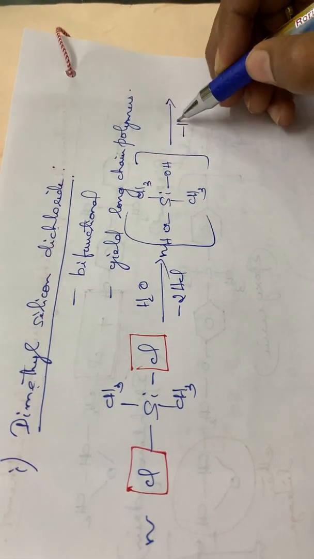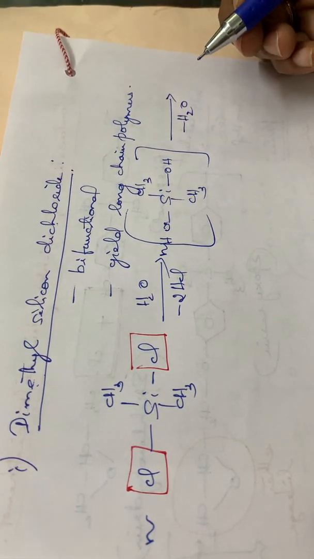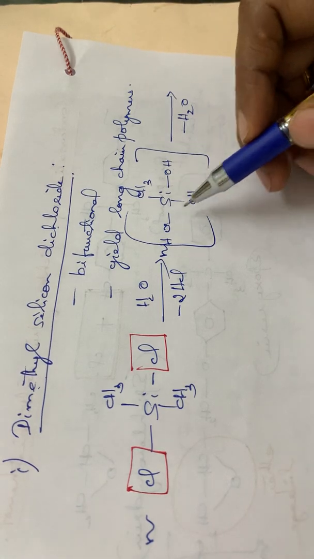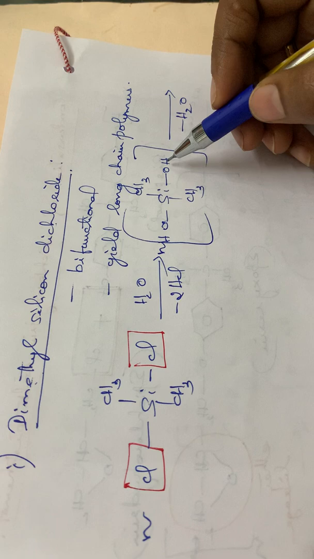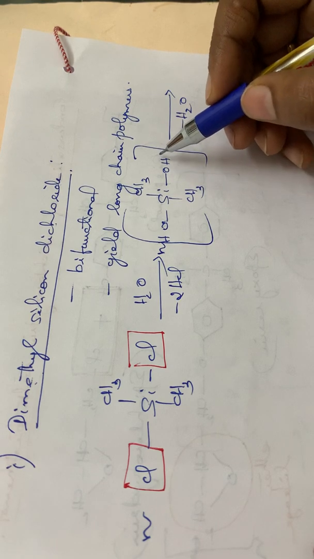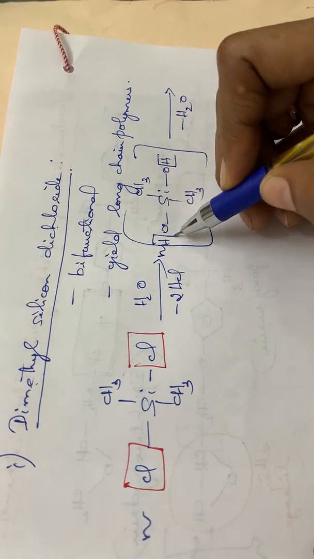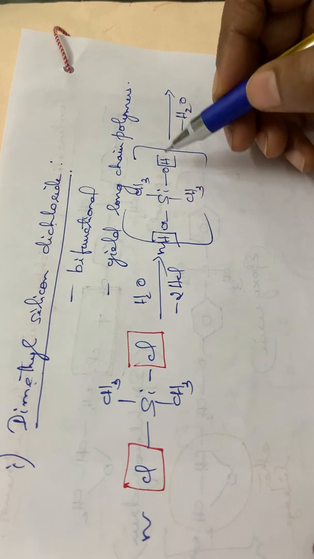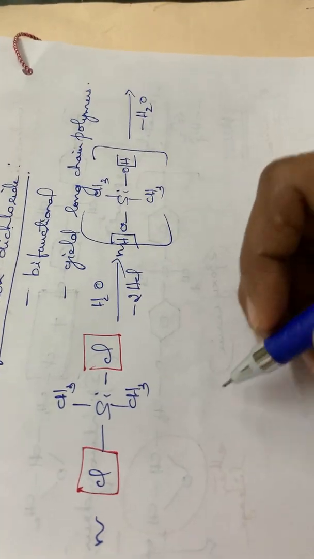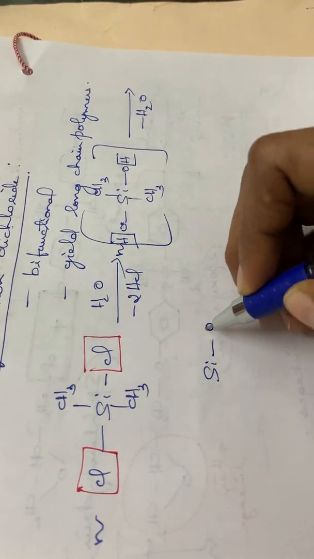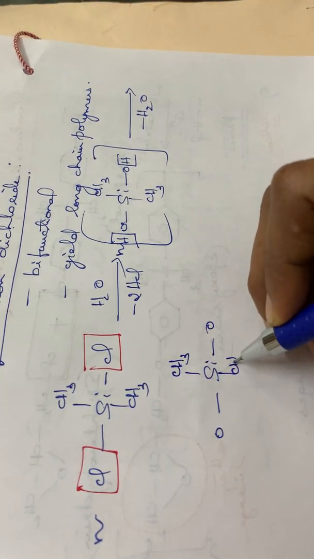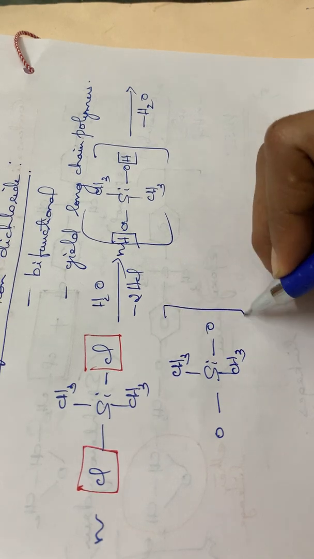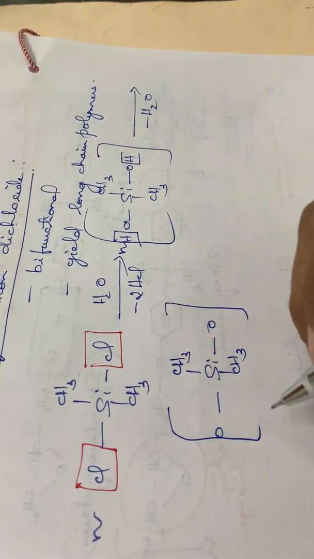Again there is elimination of a water molecule. Water will be eliminated with another dihydroxy compound, so from one compound the hydrogen will be eliminated. So we will have SiO groups, that is SiO, then CH3, CH3. This is the compound so formed.